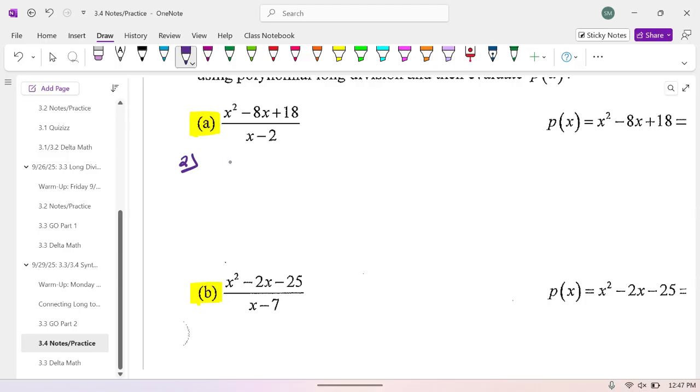What's the vocabulary word for those numbers? You can call a friend in your group. Coefficient. So it'd be 1, -8, 18. Then you drop the 1. Then what'd you do? Times it by 2 and got?